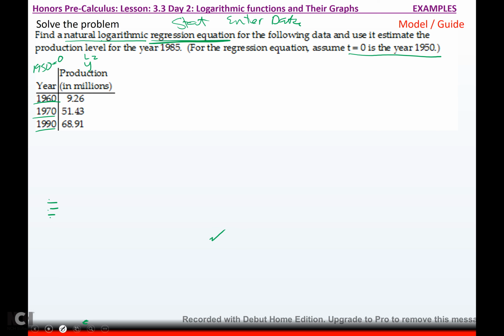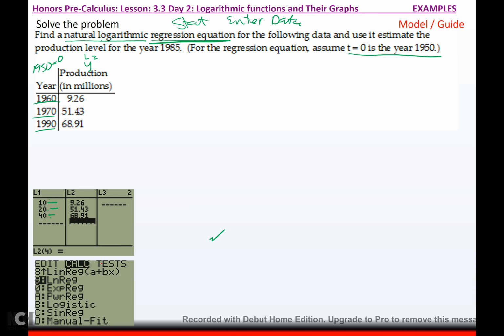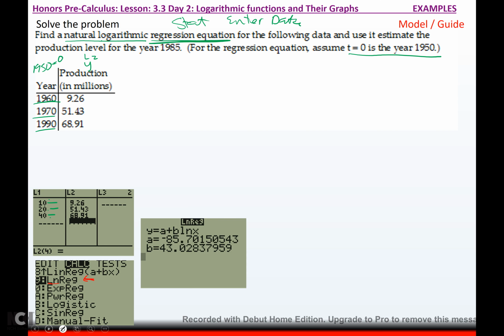So let's start over. So we're going to go to stat, and again, we're going to type in the 10, 20, and 40, and the y's in L2. Here's where I screwed up. So you're going to go to stat, arrow over to calc, and I want the ln reg for the natural log regression. Then you hit enter and enter and enter, and it comes up with this.